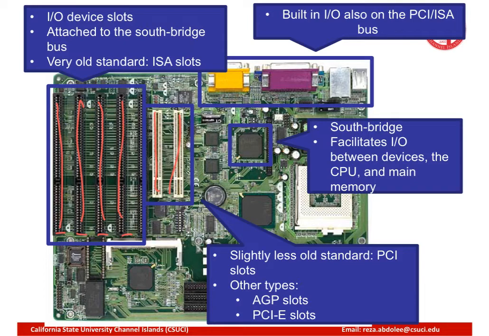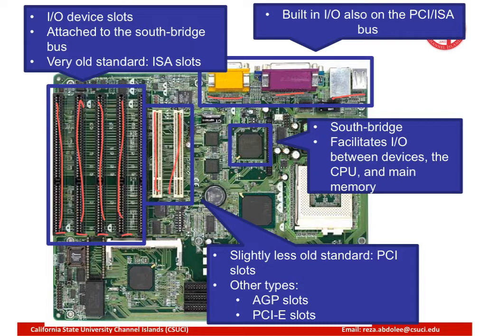Also, as you can see from here, we have the built-in I/O that is used to connect to our input-output peripherals like our printer, our network cable, and the keyboard.